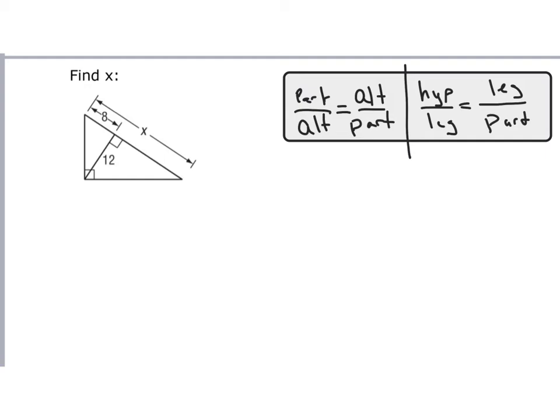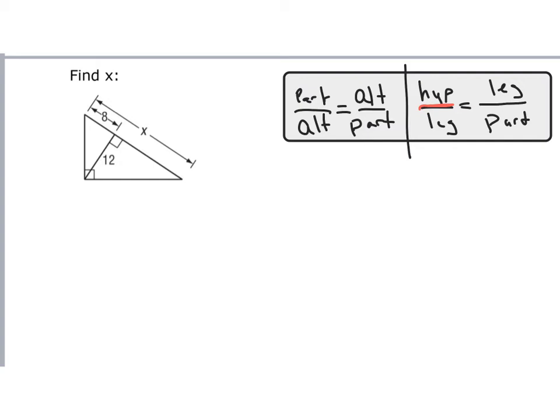All right, so when I look at this next one, I want to find the whole hypotenuse. That's what x is, the whole entire hypotenuse. In order to find the hypotenuse, if I use this formula right here, I need one of the legs and the part that's closest to it, which means I would need to know this piece here, but I don't know it. So I'm going to use the altitude one instead.